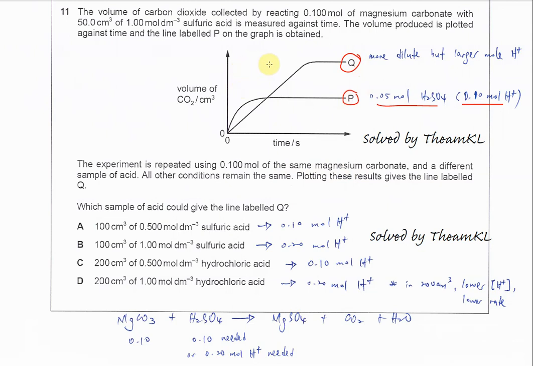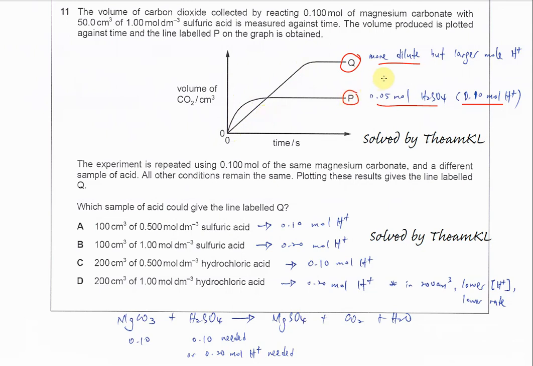From this diagram, we know that the Q must be more dilute because the rate of P, as you can see, is actually greater, right? So the Q has a lesser or smaller rate because the slope is less steep.